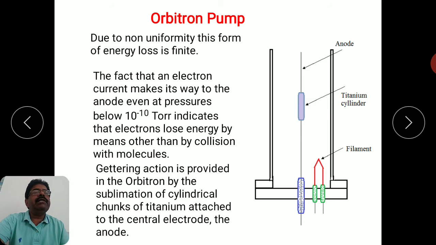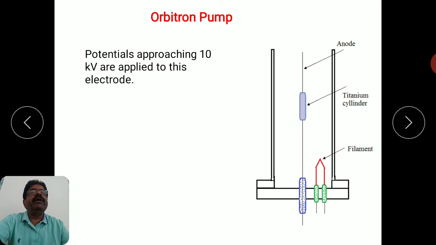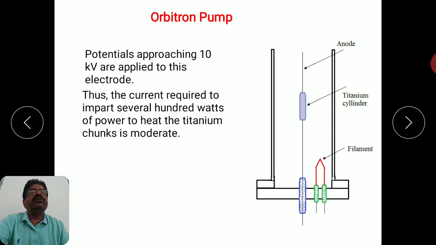Simultaneously, the ionization of the gas molecules as well as the gettering action by freshly deposited titanium, this process will continue, and therefore the evacuation of the gas molecules will continue here. Now, the potential applied to accelerate the electrons is of the order of 10 kilovolts, applied to the electrodes inside this orbitron pump.